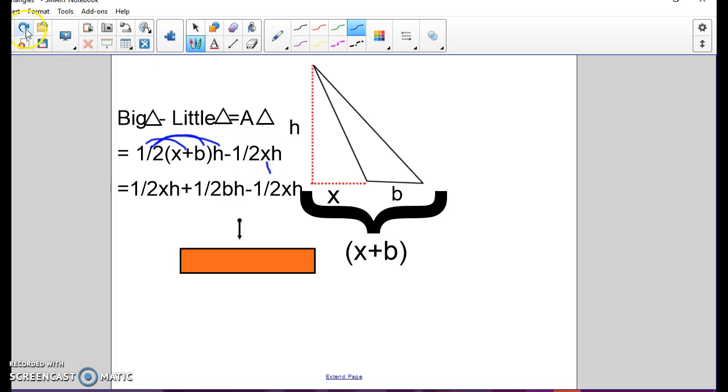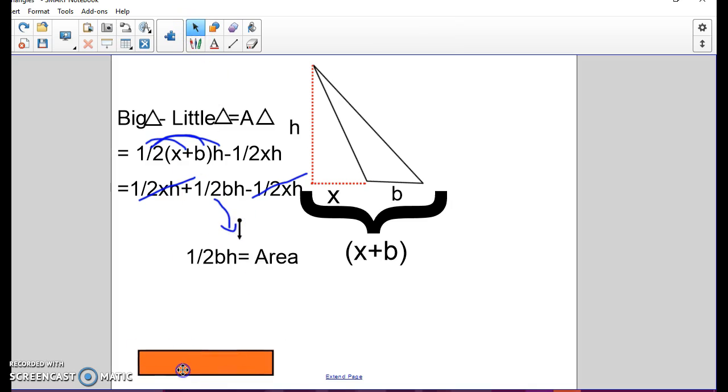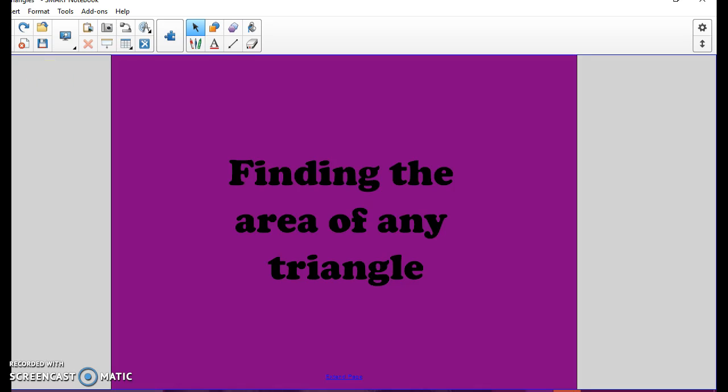Okay, so now, since this is minus 1/2 xh and this would be a positive 1/2 xh, we get to cross those out because they cancel out each other. And so all we have left is 1/2 base times height, which would equal our area, which would be the area of this triangle. So now that proves that we can solve any triangle and figure out what the area of it would be. Thank you.